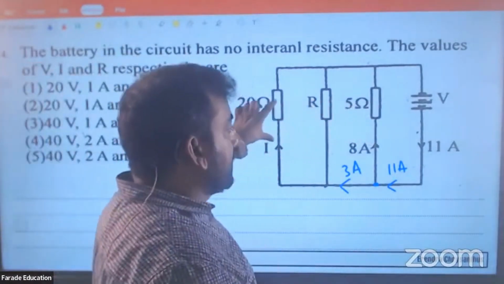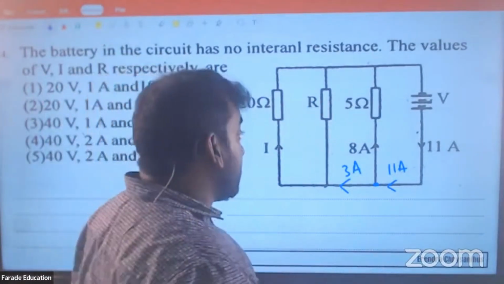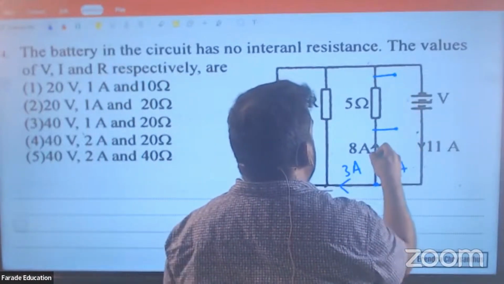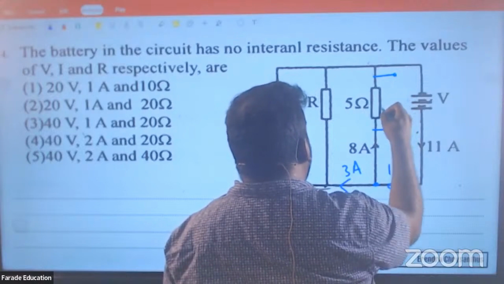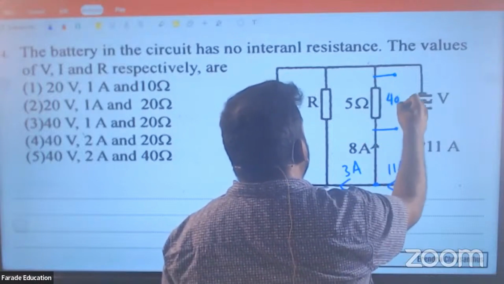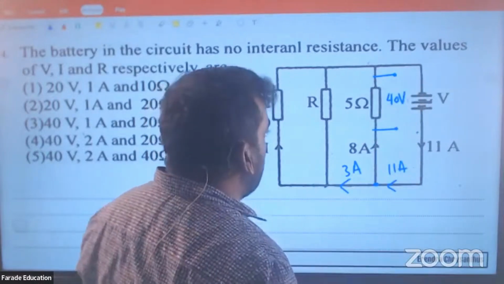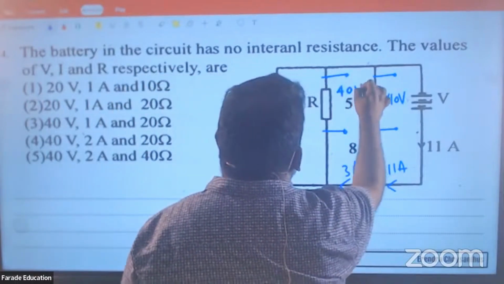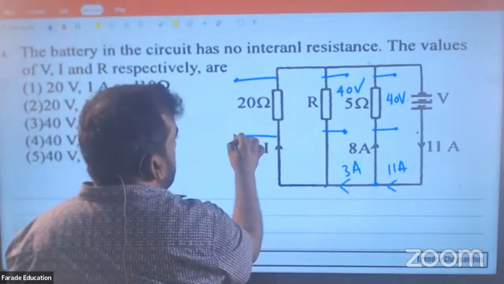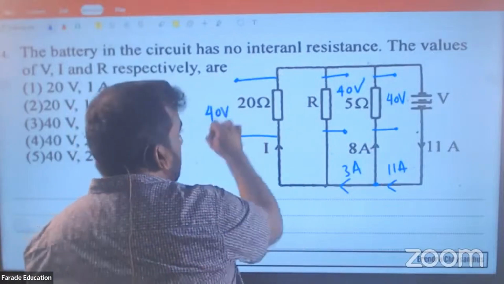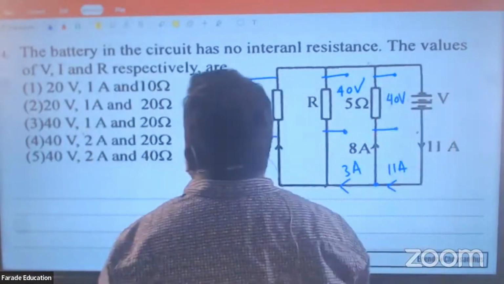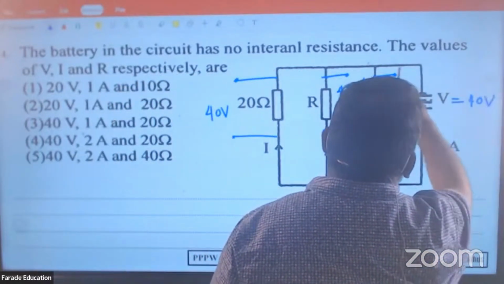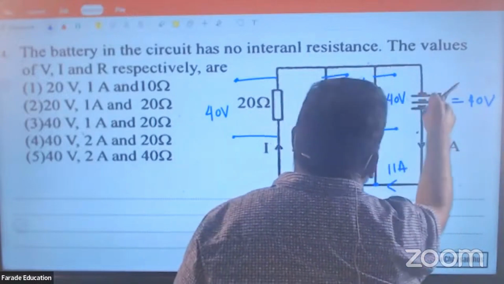All these resistors are parallel, so their potential differences are the same. V = IR gives 40 volts, so here also 40 volts, and here also 40 volts. All are 40 volts.